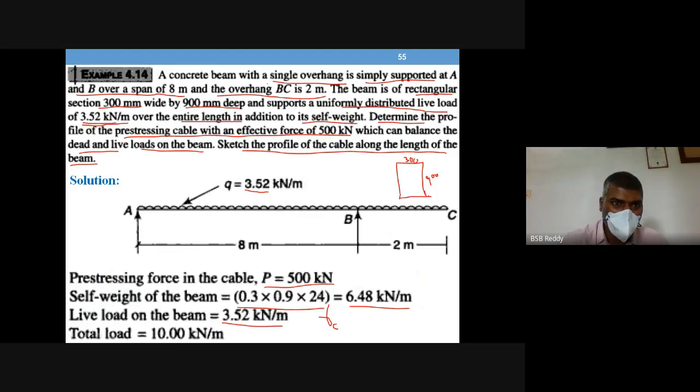It is 3.52 kilonewton per meter. So adding these two values, you will get 10 kilonewton per meter as the total imposed load, both live load and dead load.